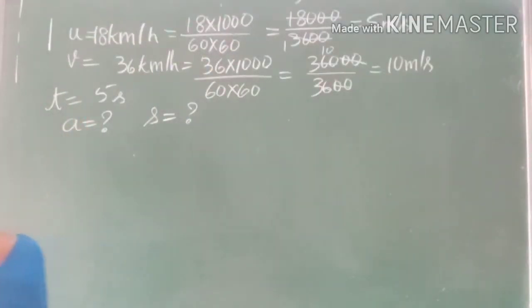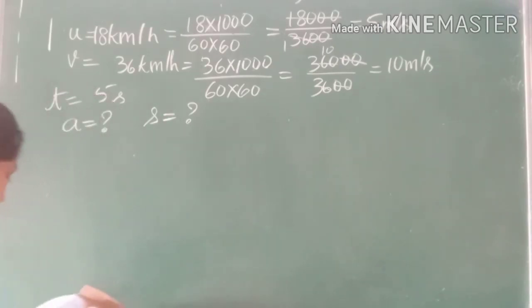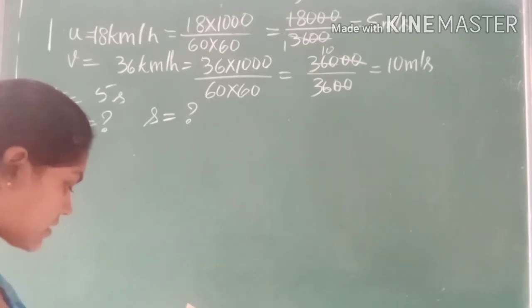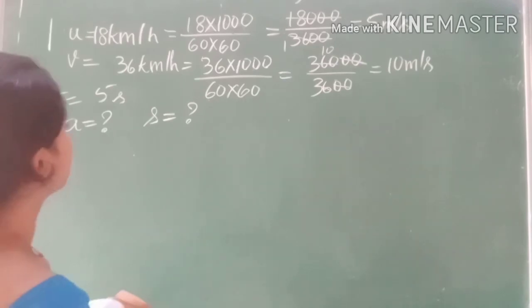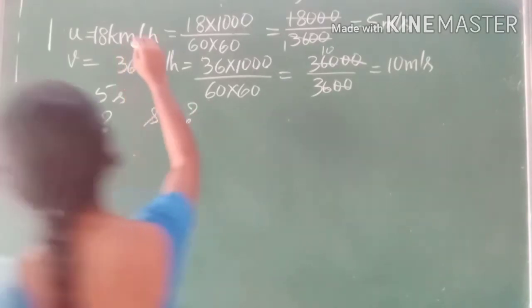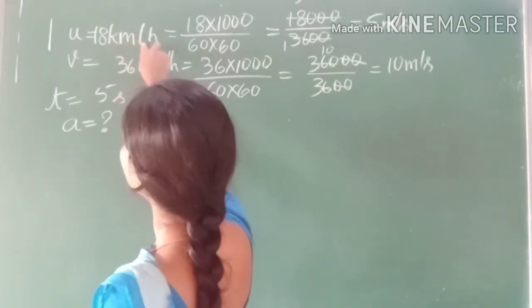Example number 8.6. A car accelerates uniformly from 18 km per hour to 36 km per hour in 5 seconds. Calculate the acceleration and the distance covered by the car in time t. So what is given? Initial velocity is 18 km per hour.